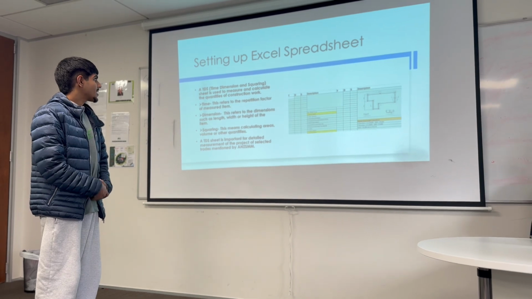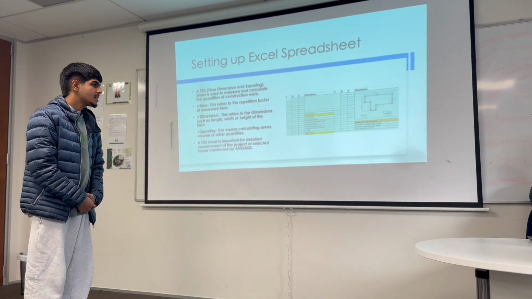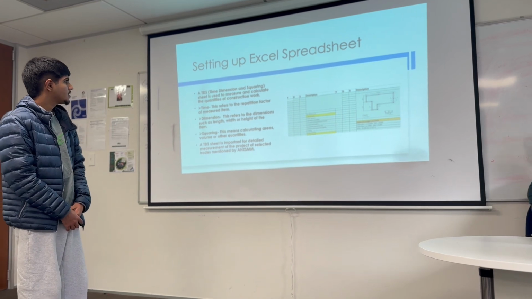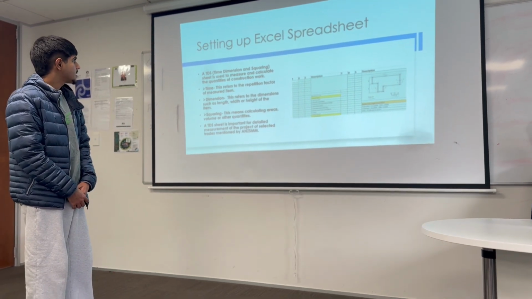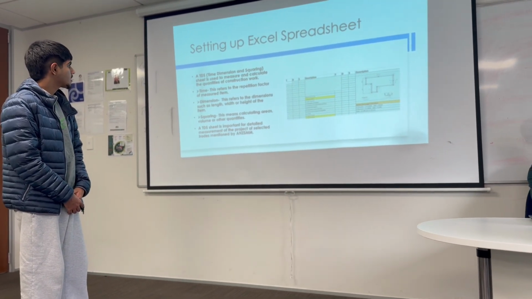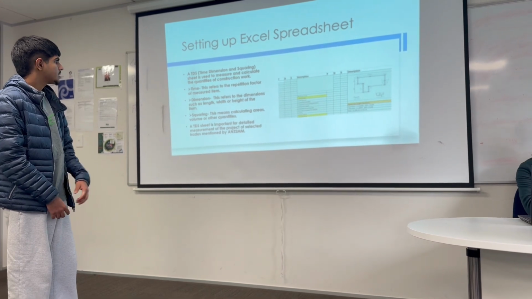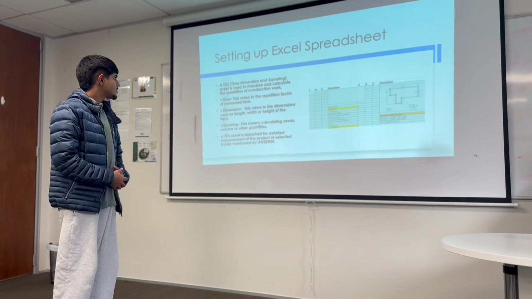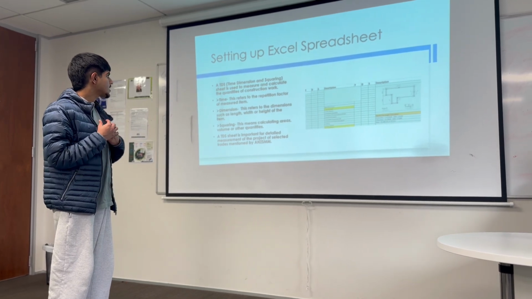Now I'm going to tell about how to set up the Excel spreadsheet. A TDS, time dimension squaring, plays a crucial role in the spreadsheet. It is used to measure and calculate the quantity of the construction work, as I mentioned in the table here. Time refers to the repetition factor of the measured item.